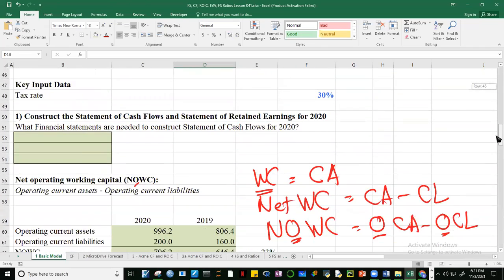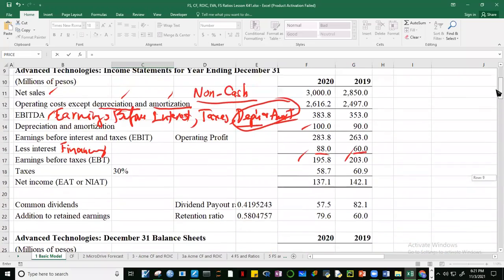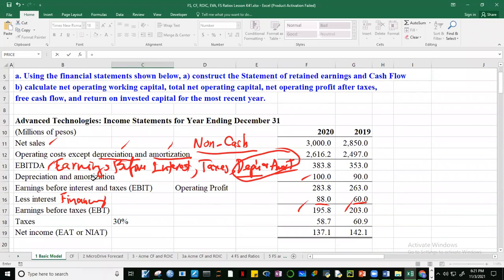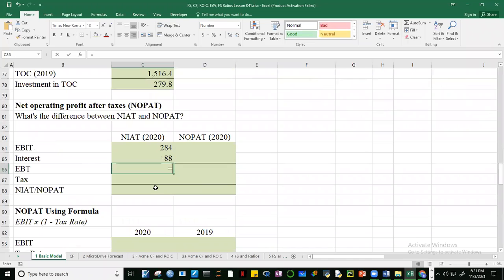So let's just get the figures here. Interest we're given at 88. Where's interest expense here? 88. So we're just following, guys, the income statement. Your earnings before tax is simply the difference. And your tax is equal to the taxable income, earnings before tax, times, if you recall, the tax rate, which represents your 30%.